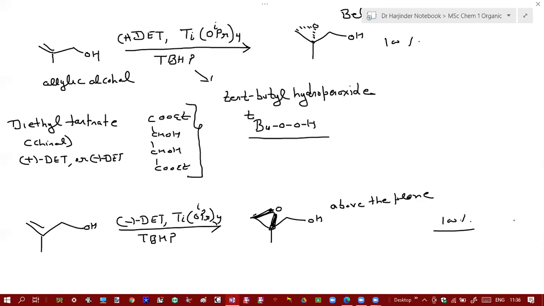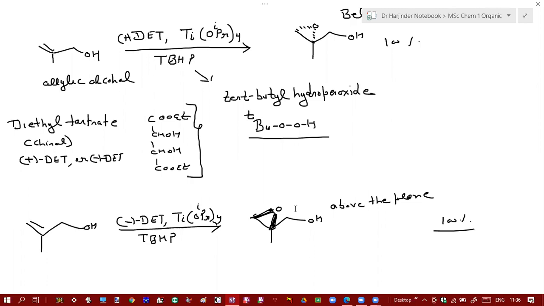And if you use minus diethyl tartrate, the addition takes place from above the plane. And always remember, Sharpless asymmetric epoxidation is only for allylic alcohols.